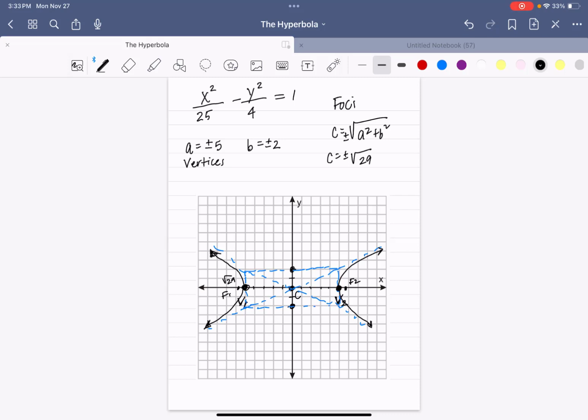Foci 1, foci 2. And it's going to be square root of 29, 0, and negative square root of 29, 0, because they're going to be on the x-axis.